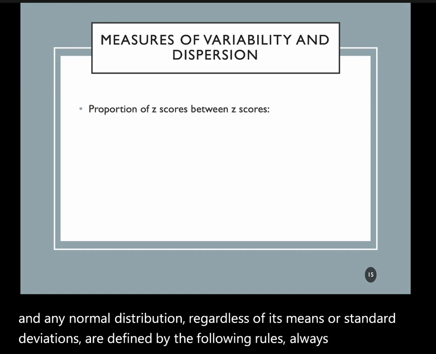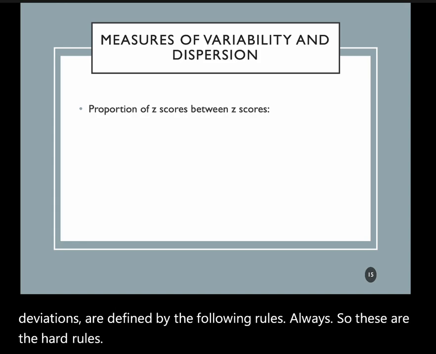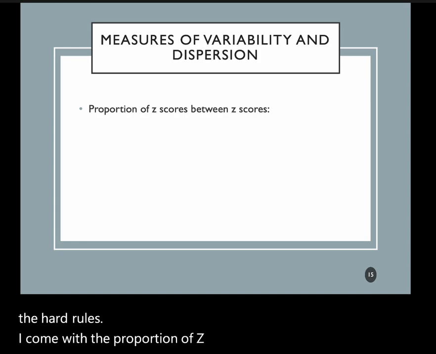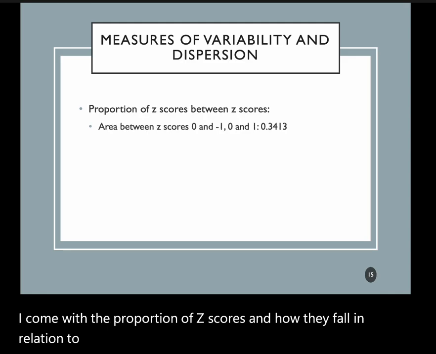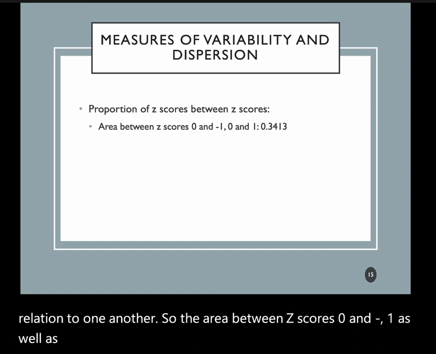So these are the hard rules that come with the proportion of z-scores and how they fall in relation to one another. The area between z-scores 0 and -1, as well as 0 and 1, is 0.34.